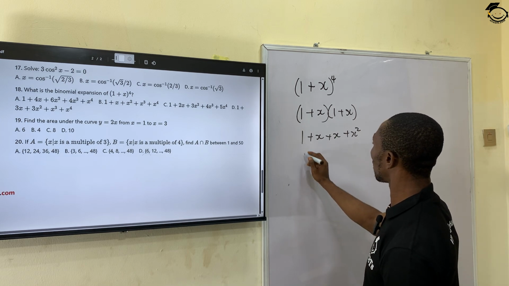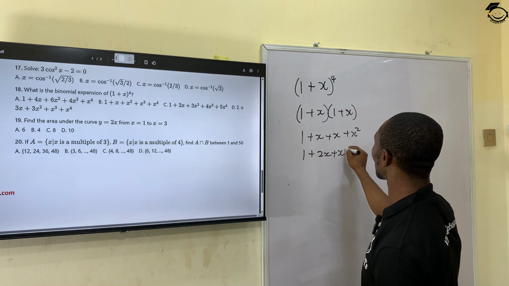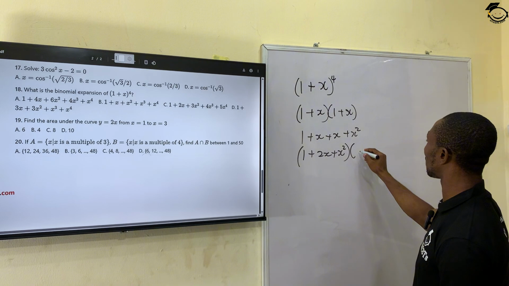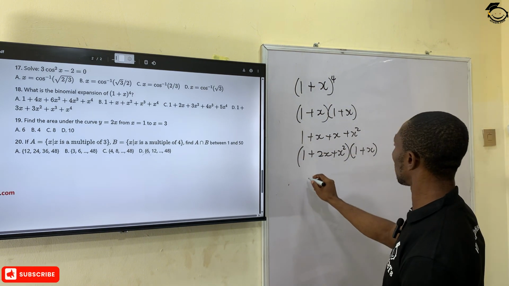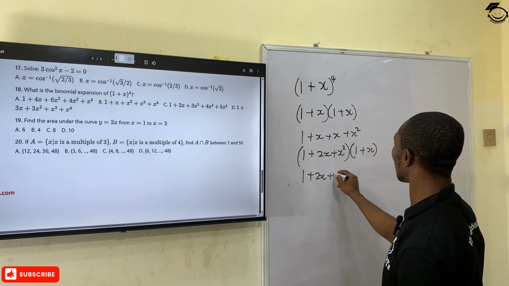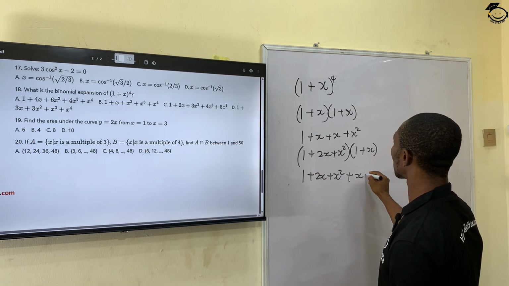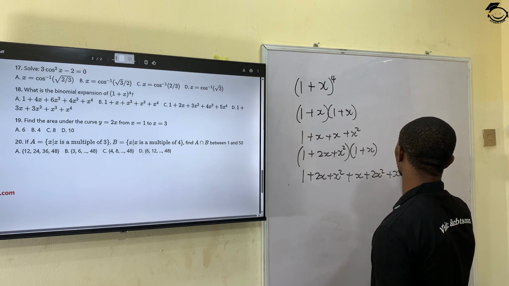So collecting these terms, we have 1 plus 2x plus x squared. Now multiply this by another 1 plus x. 1 times 1 gives 1, plus 2x plus x squared, plus x plus 2x squared plus x cubed.